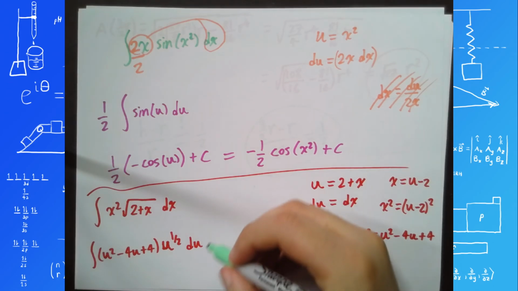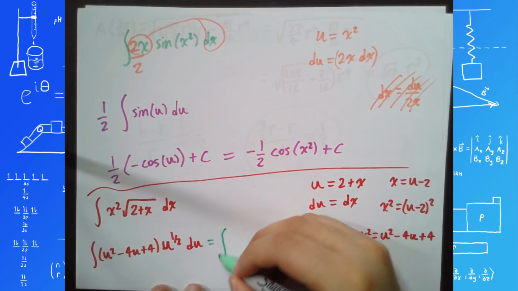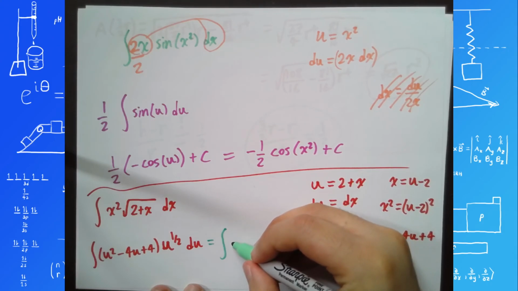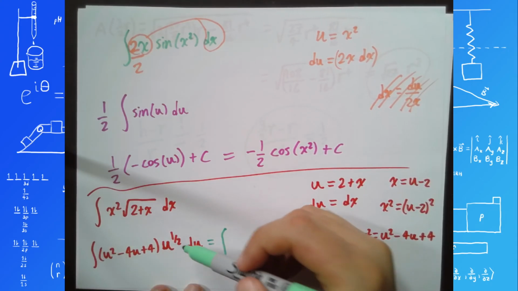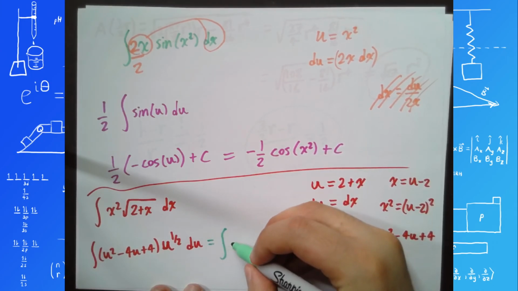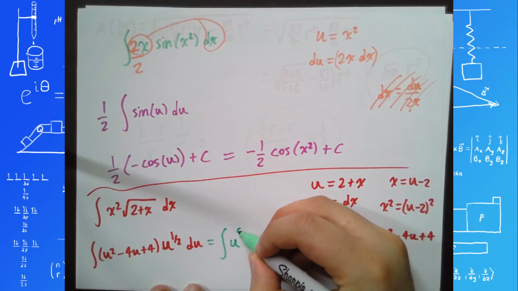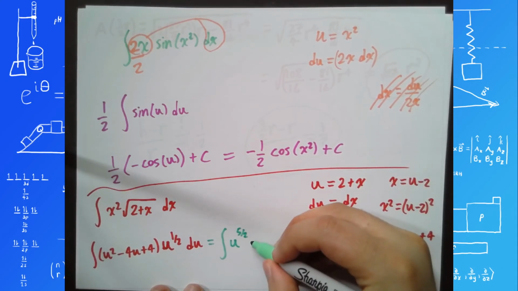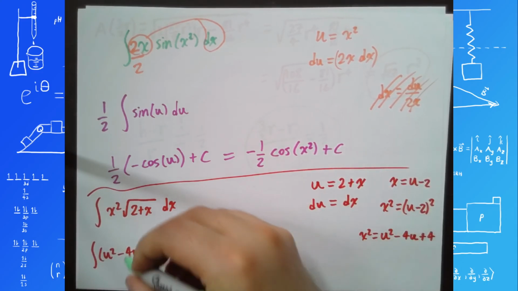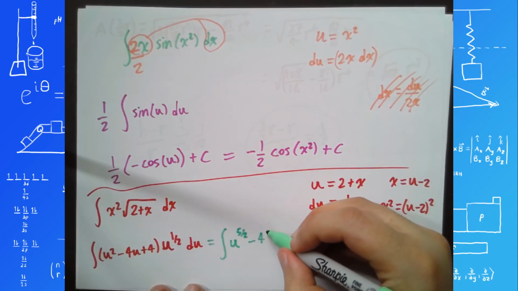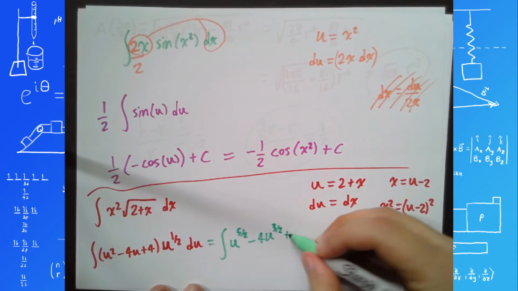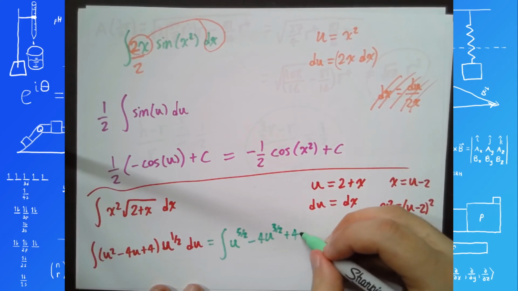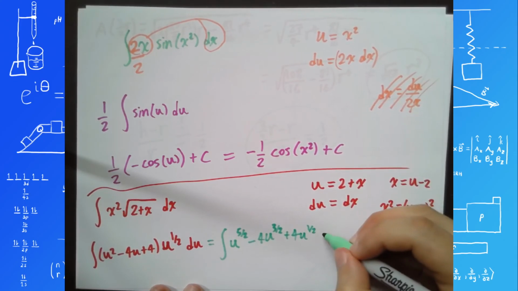And what will we get? We'll get the integral of u squared is u to the 4/2, times u to the 1/2 is u to the 5/2. Minus 4u times u to the 1/2 is u to the 3/2. Plus 4u to the 1/2 du.